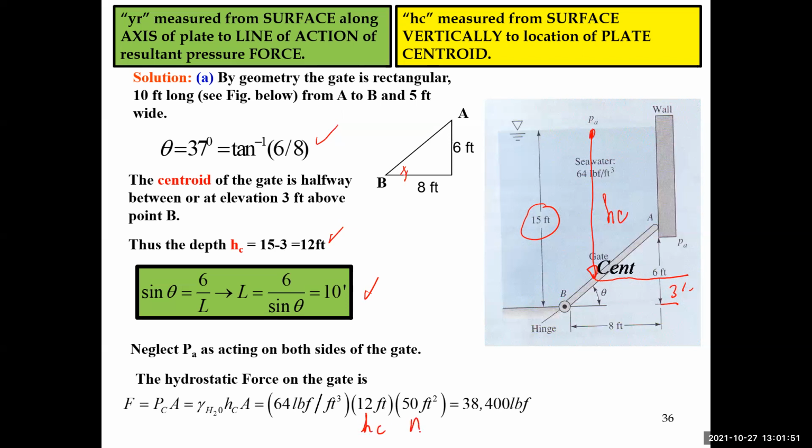And this is the area of the plate. This is gamma of the fluid. So therefore, the force is equal to 38,400 pounds force. So the engineering was easy, but we had to apply a little baby math in terms of trig and geometry to find the magnitude of that pressure force acting on the gate.